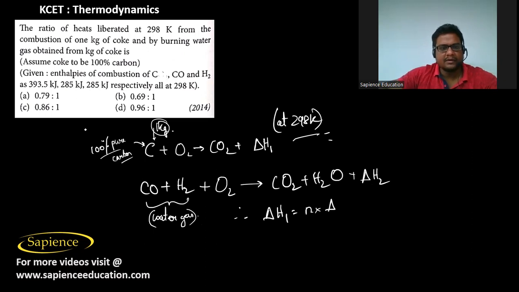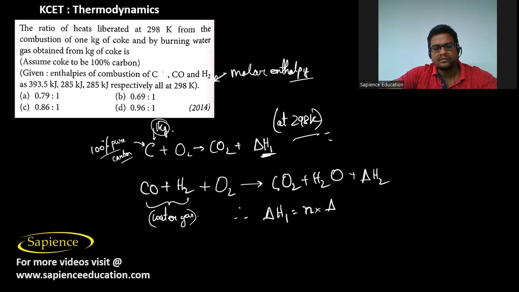Here the values which they gave, the enthalpies of combustion, these all are the molar enthalpies of combustion. Molar enthalpies means for 1 mole. So this change in enthalpy will be equal to the number of moles of coke that is used times the molar enthalpy of combustion of carbon.